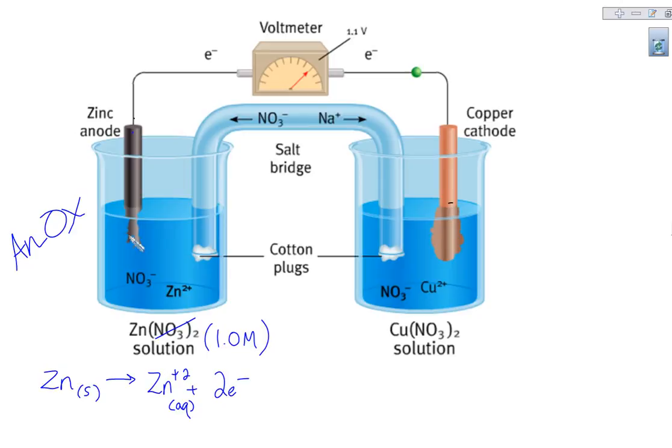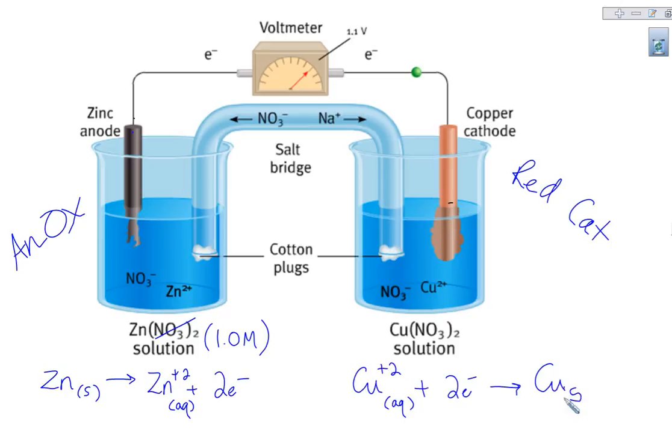Wonderful. There's your anode. Your cathode, your red cat. The reduction half was copper plus 2 ion in solution, aqueous, plus 2 electrons, forming solid copper.